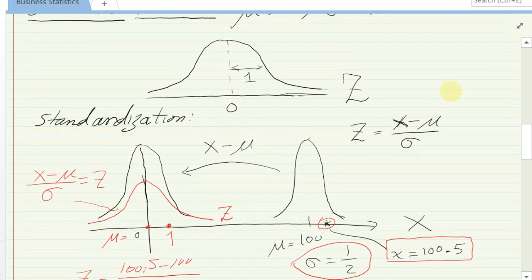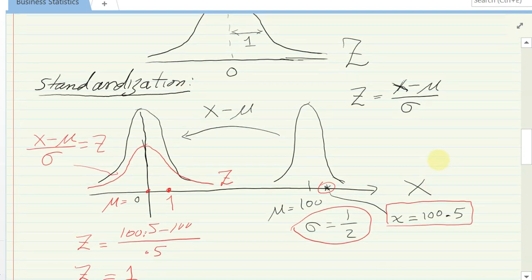Now I'm showing you the standardization process I mentioned earlier. What I have is a non-standard normal distribution. The one on the right is the one I'm looking at.